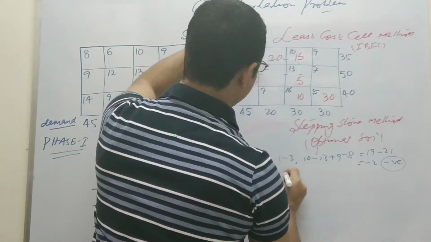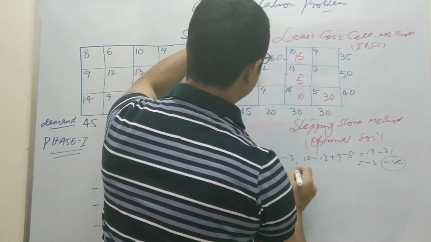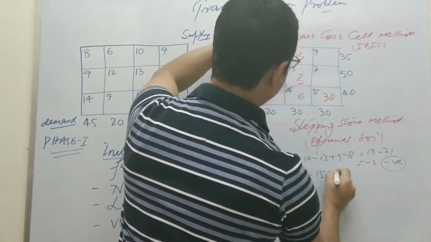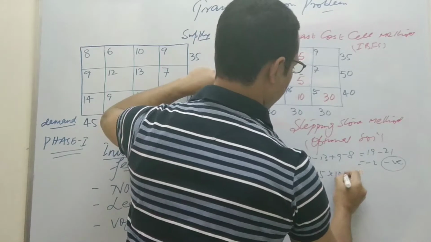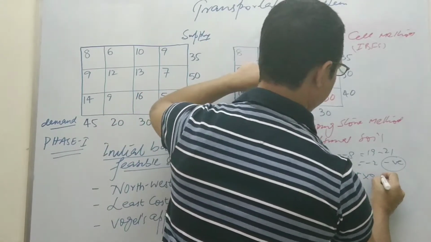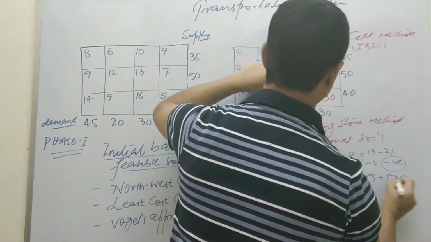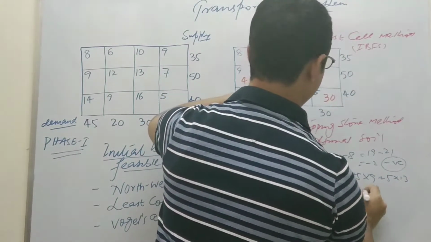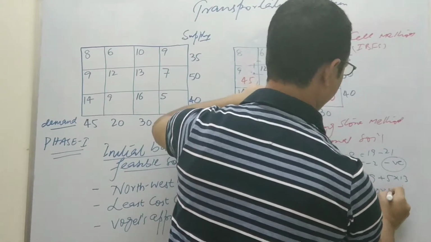So we'll find 20 into 6, similar procedure, 15 into 10 plus 45 into 9 plus 5 into 13 plus 10 into 16 plus 30 into 5.